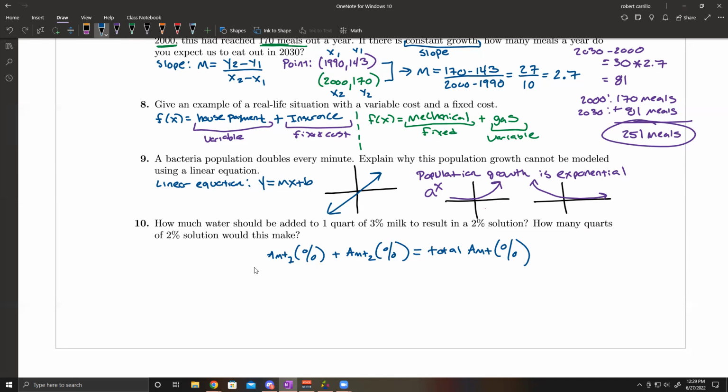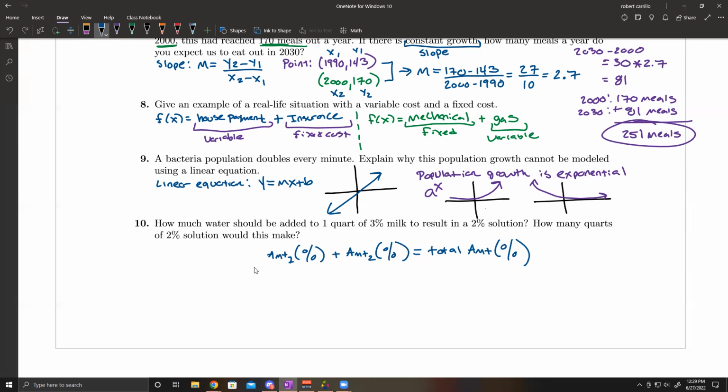Okay, so for 10, it says how much water should be added to 1 quart of 3% milk to result in a 2% solution.